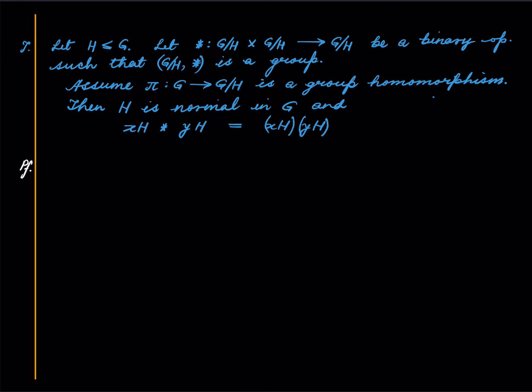So just think of this as capital A and think of that as capital B. Then this is AB. So that's a very nice result. So we have a characterization for what subgroups have the property that once you endow them with a group structure with the additional property that the natural projection is a group homomorphism, those are precisely the normal subgroups that we just defined, and the binary operation is also unique. It's just this kind of product that we saw earlier. Okay, so first let us prove normality.